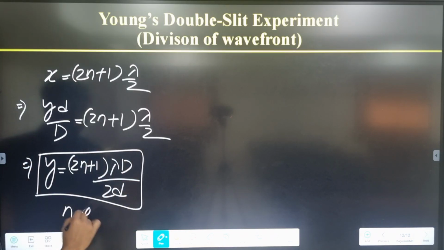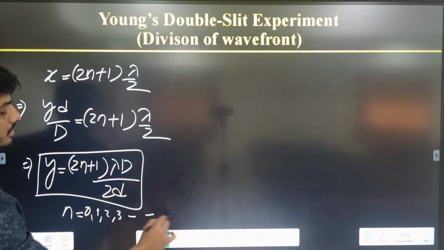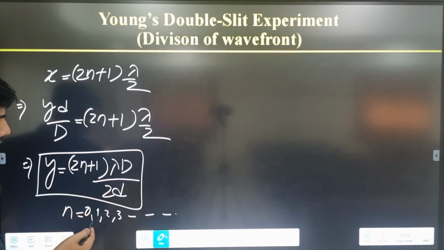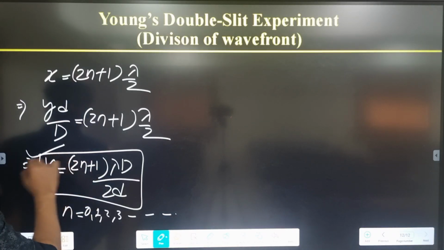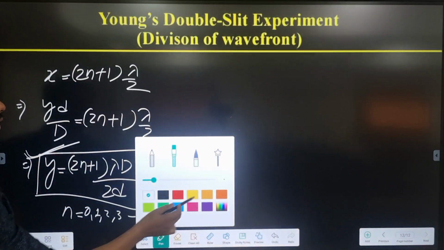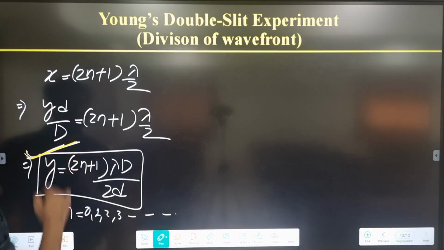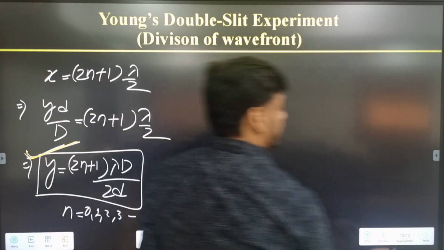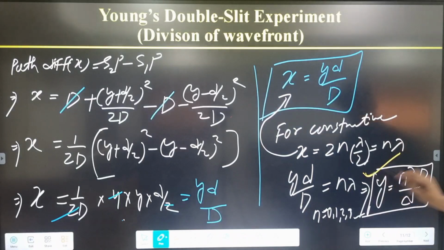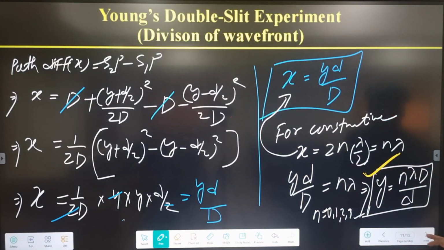Same thing, n equal to 0, 1, 2, 3 and so on. If you write 2n minus 1, then you have to start n from 1. If you write 2n plus 1, you have to start from 0. So this gives us the positions for all the dark points. And in the previous slide, we got the conditions for bright points.